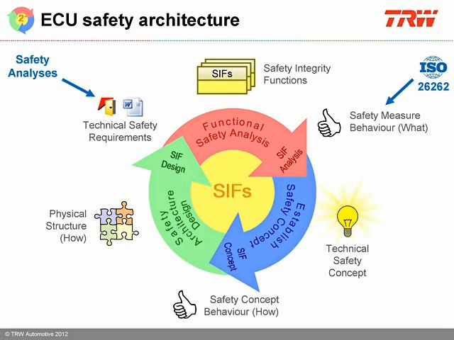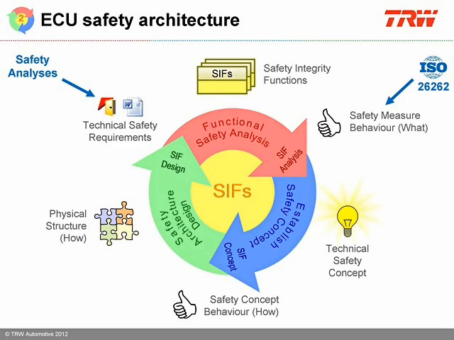The required behavior of the safety measures is modelled in a SIF logical activity diagram. A technical safety concept is developed through the collaboration of the different engineering disciplines to conceptualize a solution using hardware and software resources. The safety concept is modelled within the physical architecture using an activity diagram to confirm a correct understanding of the concept and to integrate it within the architecture.